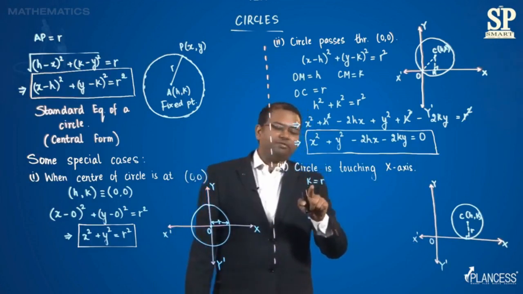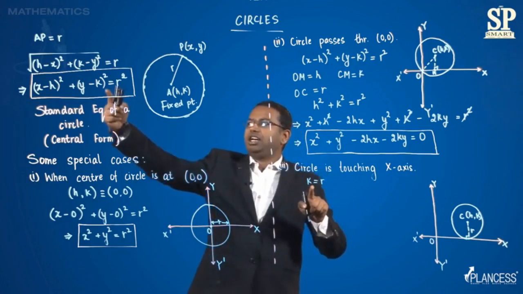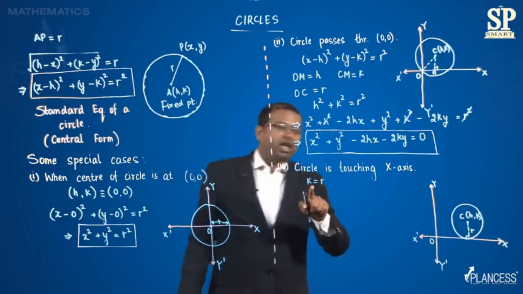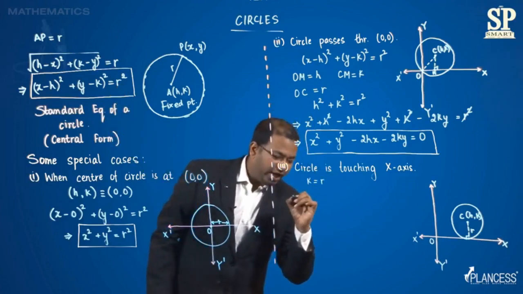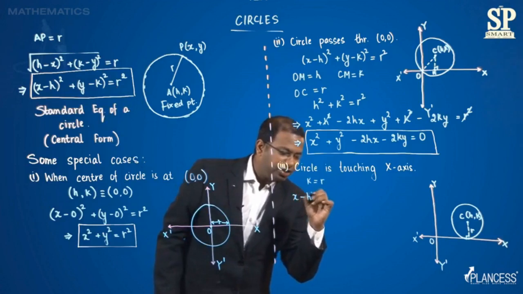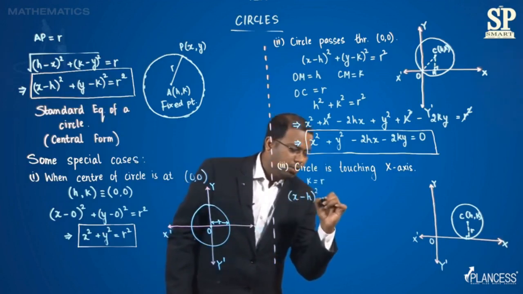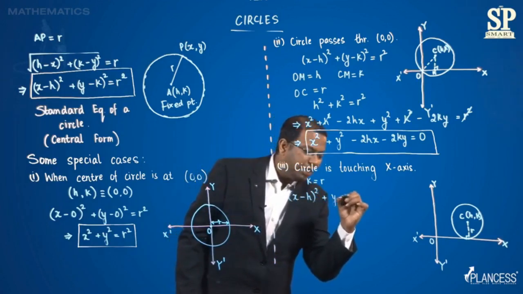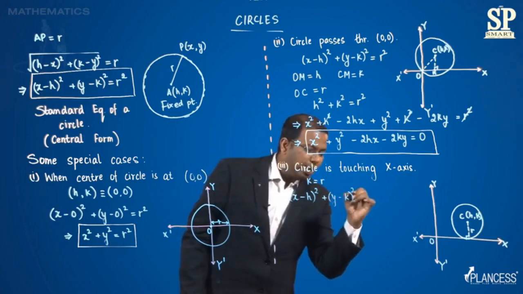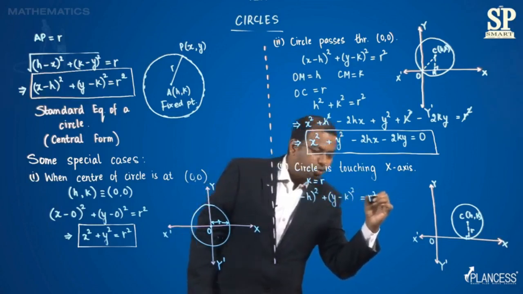Now if we use this value in the standard equation of a circle, let us see what do we have. So we get x minus h whole square plus y minus k whole square equal to r square.